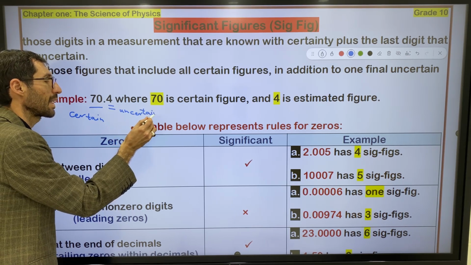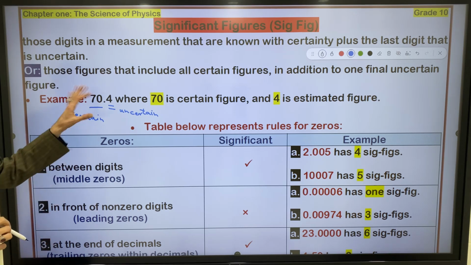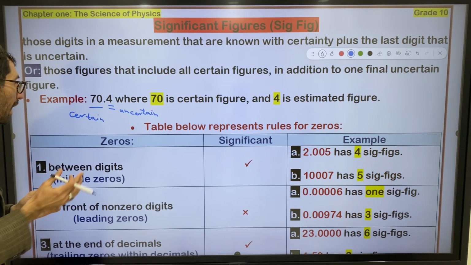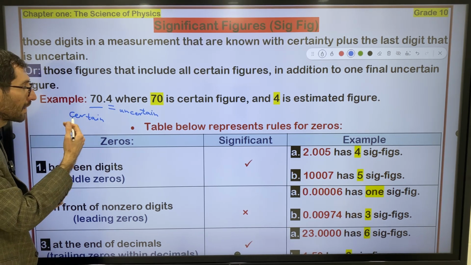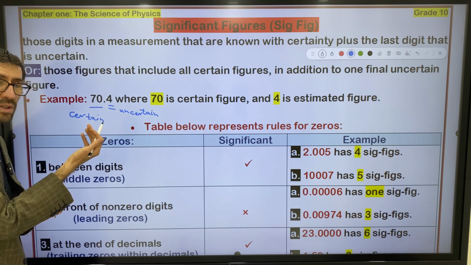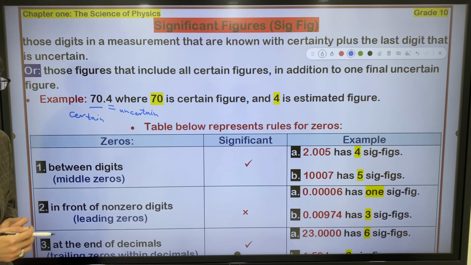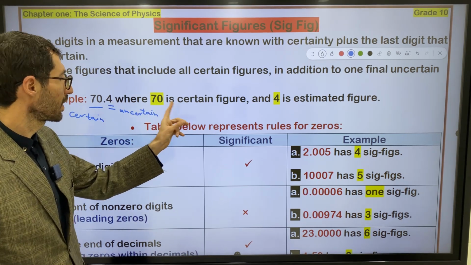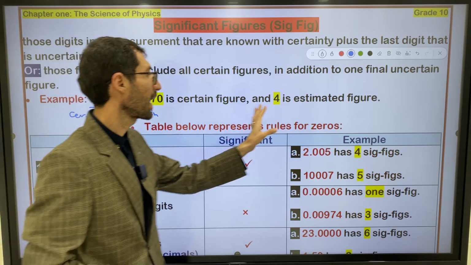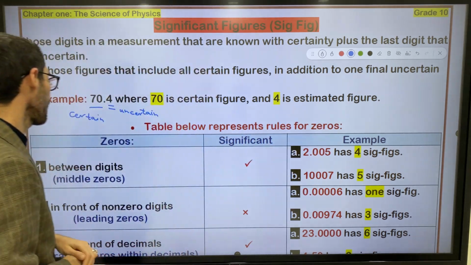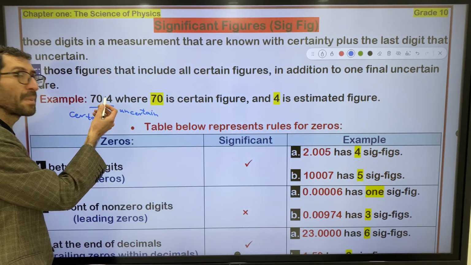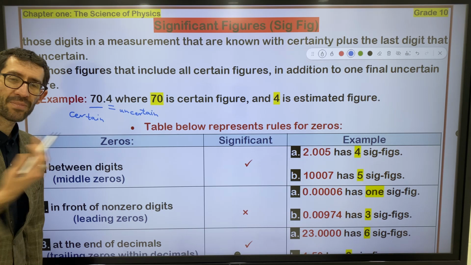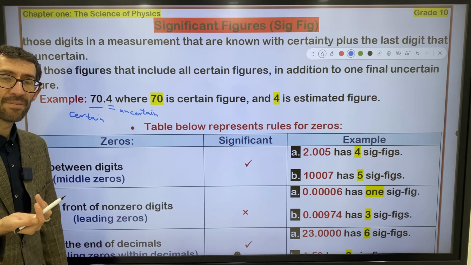Together this is called significant figure. So the first part is certain, and it's followed by an uncertain or estimated part. So here 70 is a certain figure and 4 is the estimated figure. This one may be changed, 4 may be changed to 5, or maybe to 3.